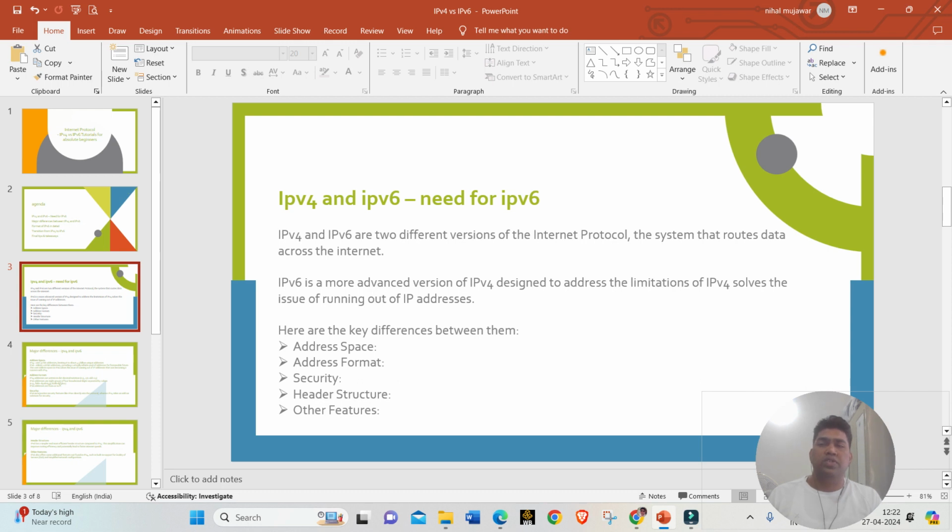We discussed today what IPv4 and IPv6 are. Basically, both of these are internet protocols. Version 4 has a limitation of 4.3 billion addresses, which can accommodate the current requirement, but considering the future requirement, the world is moving fast.